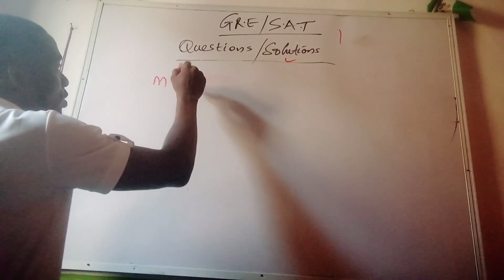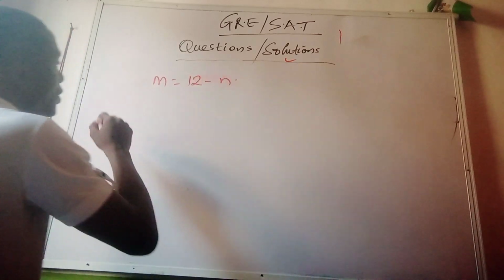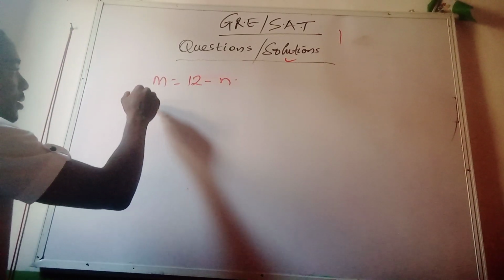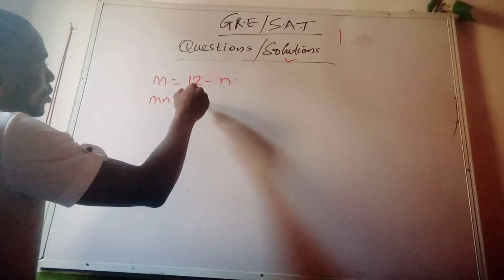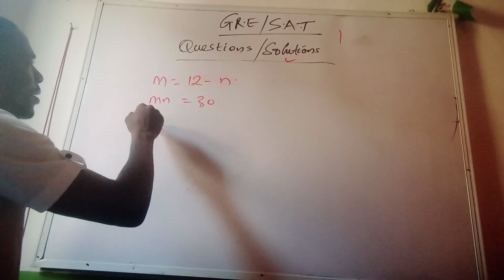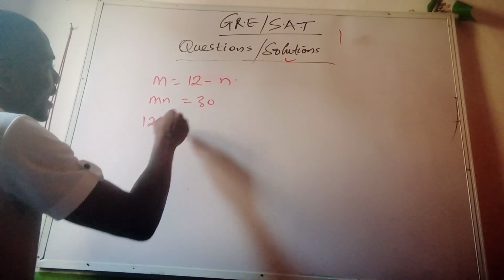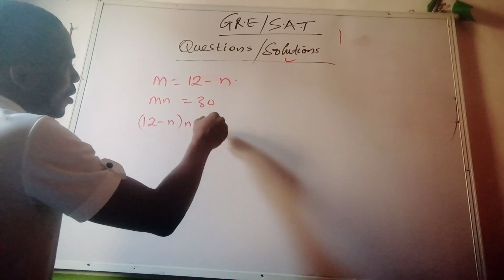And here we are having mn equal to 30. So we are going to be having 12 minus n multiplied by n equal to 30. So this is what we are solving now.